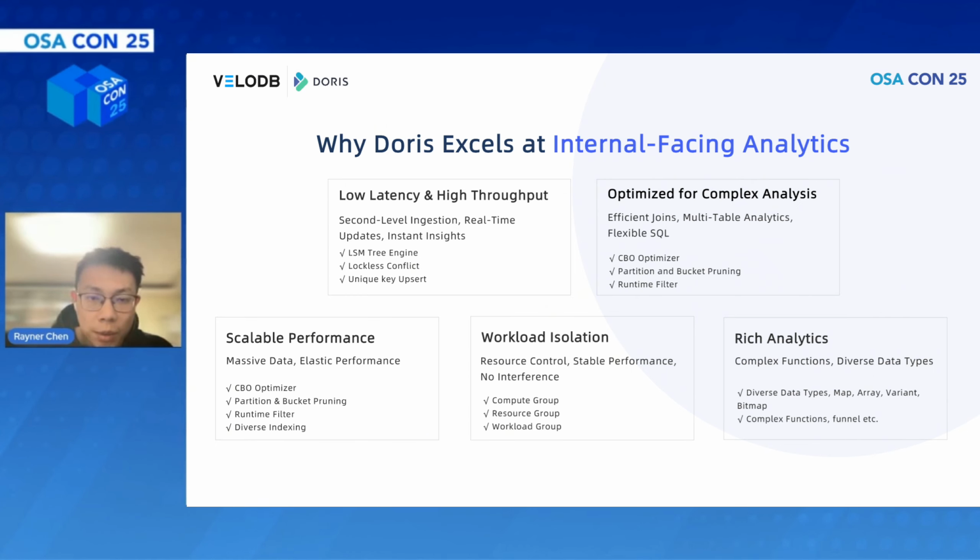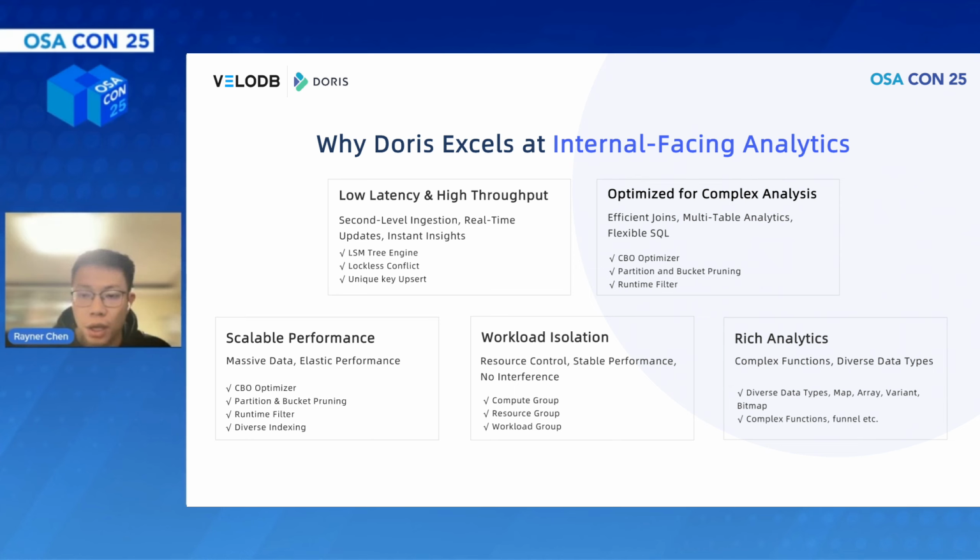The second one is that performance is scalable and elastic for massive data. The third one is that we ensure workload isolation, using compute resources and workload groups, so critical jobs don't interfere with each other. And the fourth is that we are optimized for complex analytics like efficient joins and multi-table analytics.